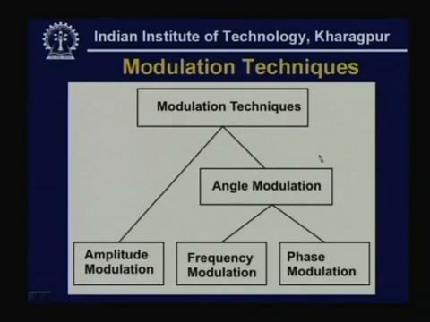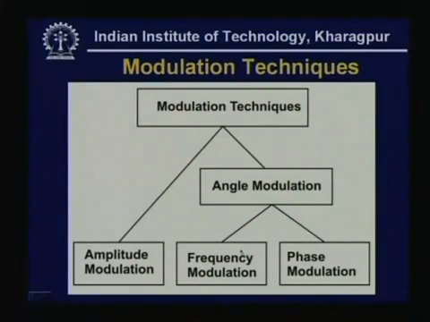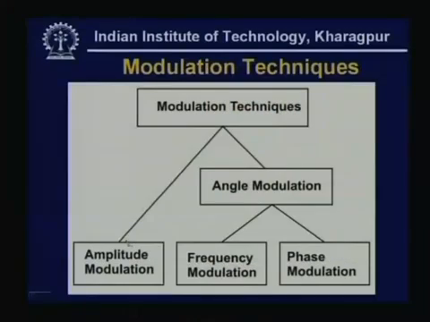As I told, you will be able to modify one of the three parameters: amplitude, frequency and phase. Whenever you vary the amplitude of the carrier, we get amplitude modulation.